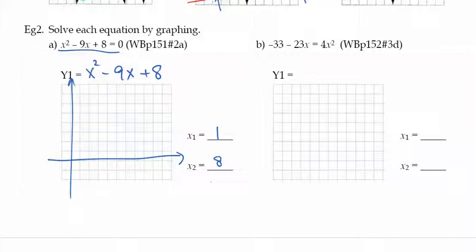I will see my parabola having x-intercepts at 1 and 8, and this parabola will open up this way, giving us the roots at x equals 1 and x equals 8.